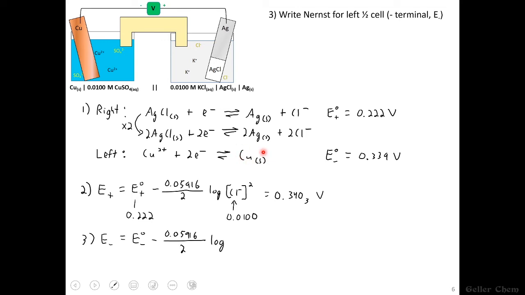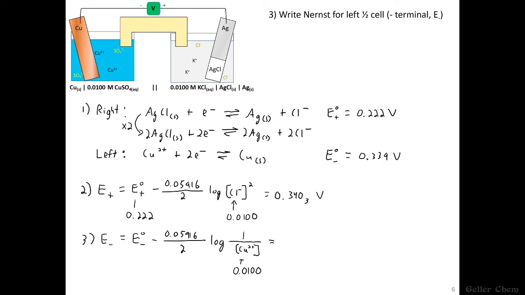And for this half reaction, our only product is a solid, and our reactant is an aqueous species, but notice there is no coefficient, so there will be no exponent. So since there's no chemical going in the numerator, we just put a 1, and for the denominator, we have copper 2 plus concentration, which we can also get from the figure as also being 0.0100.